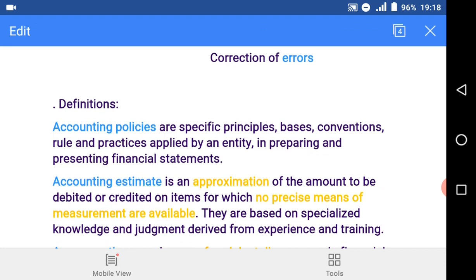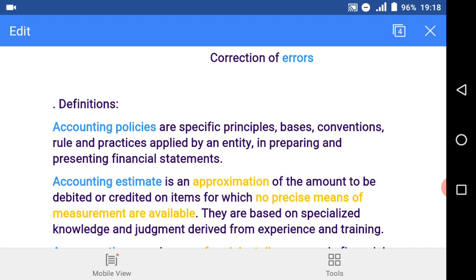Now, in accounting estimate, like the word estimate, there's a little bit of uncertainty about its measurement. You can't pinpoint a definite figure for the item or for the transaction that occurred.